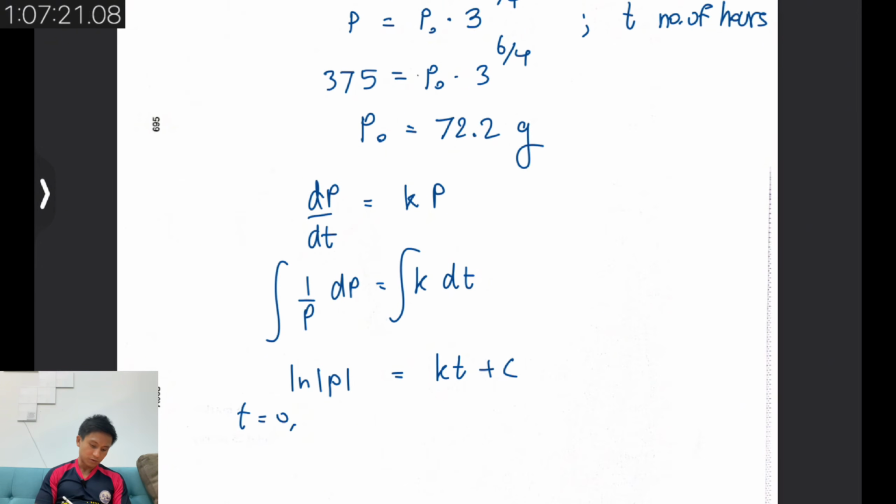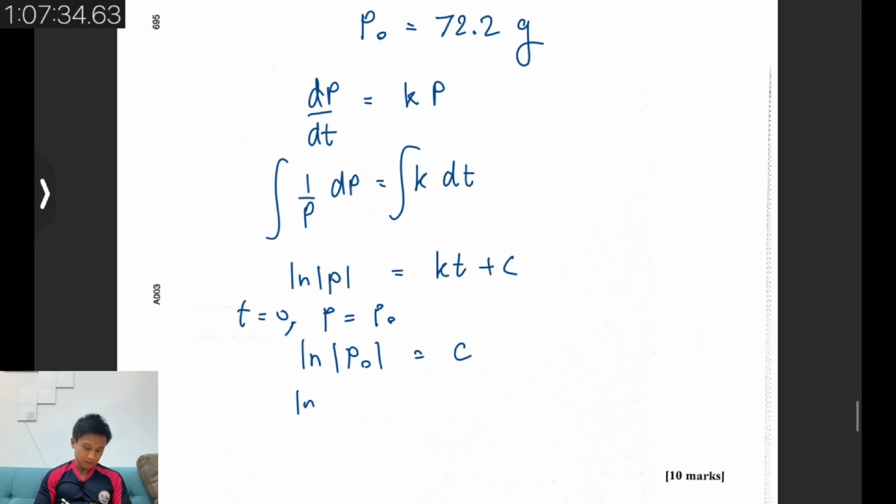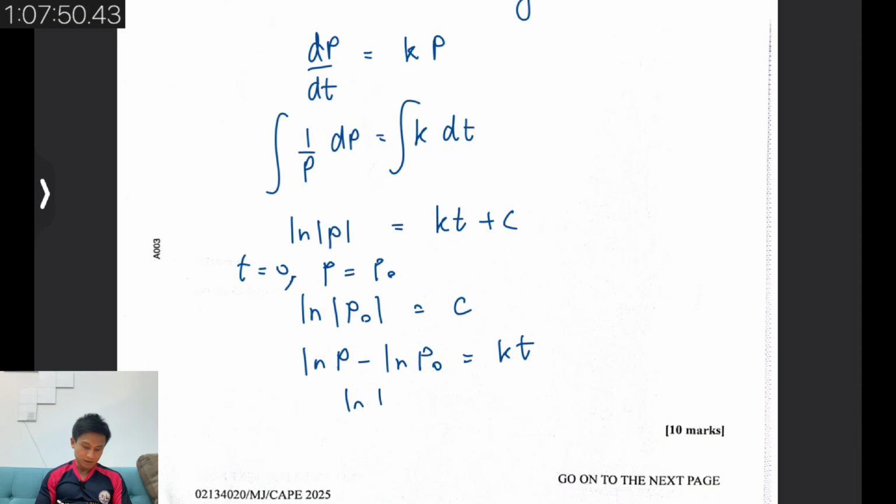If t equals 0, we're going to make P equals P0, right? So that's going to be ln P0 equals c. So that's the c value. So we're going to put that as ln P minus ln P naught. As the population is positive anyway, we're not going to put absolute value. So this is just ln P minus ln P0 equals kt, or ln P over P naught equals kt.